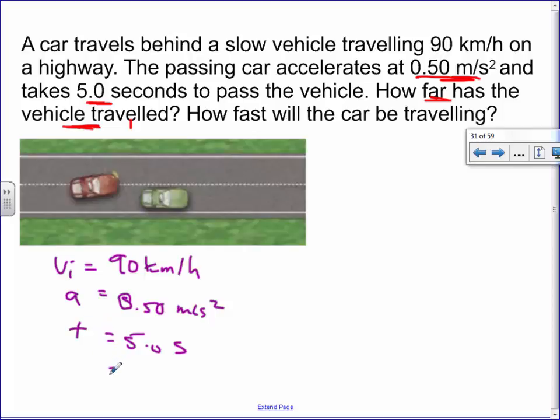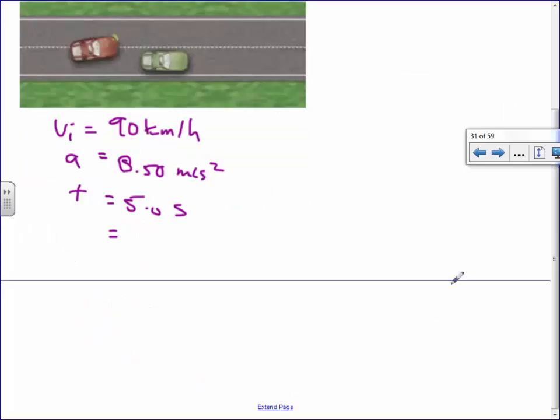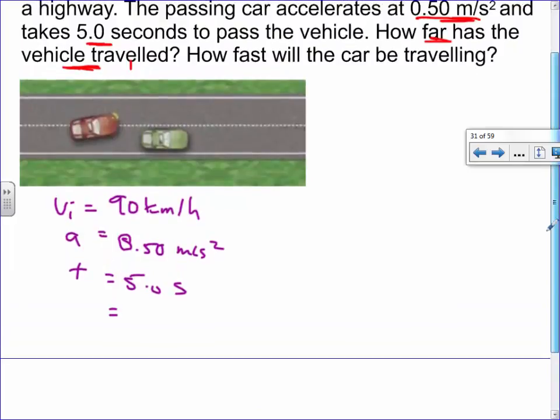And then for the last thing, usually you're given a couple of different values here. There's always one thing that you're looking for. So I just put a question mark next to the last one. And the first thing we're going to look for is how far the vehicle has traveled. We'll make that one first. So if we're asking how far it's traveled, we're asking for, well, what is the distance? Okay? So I like to start here, just write out what sort of information we have that we're working with.